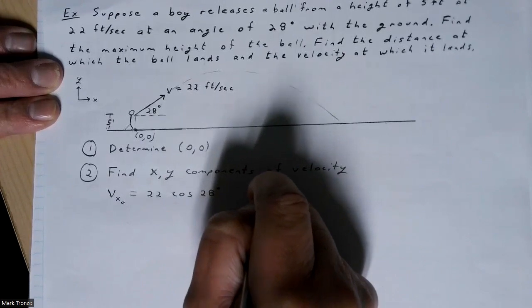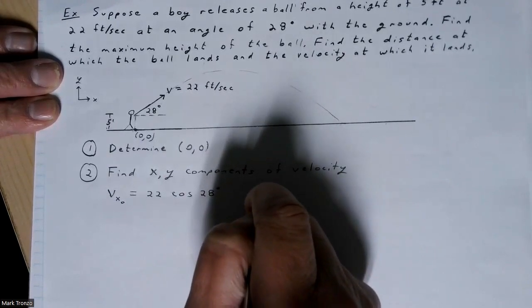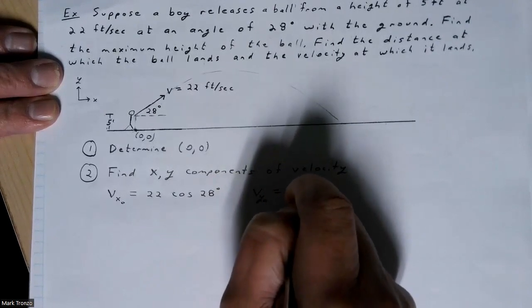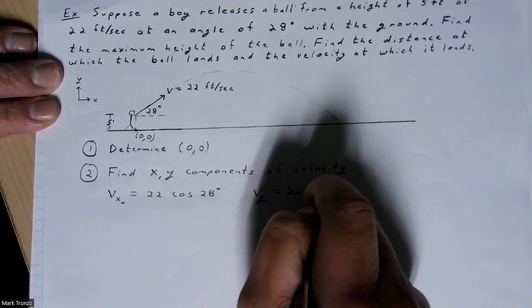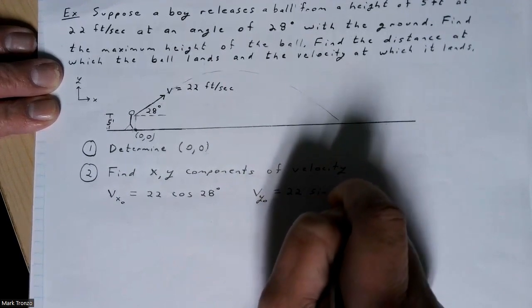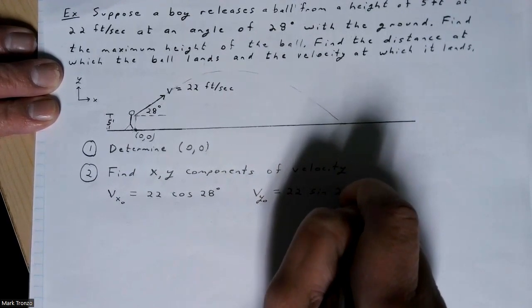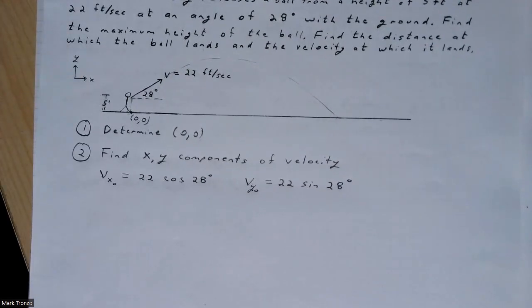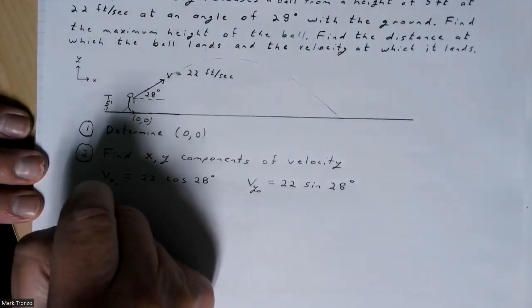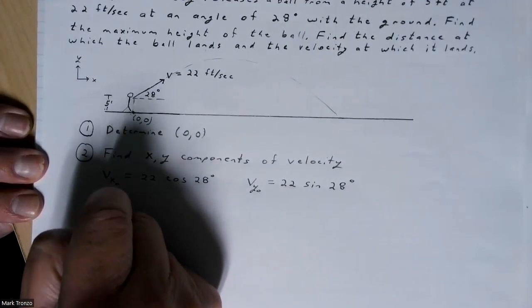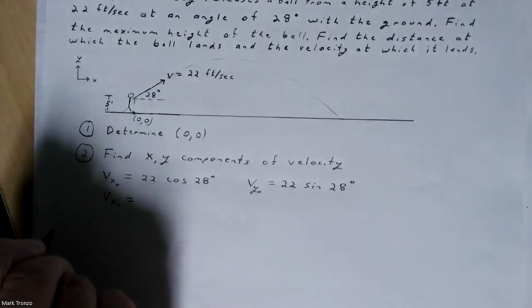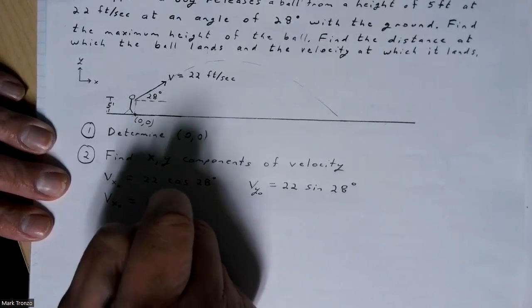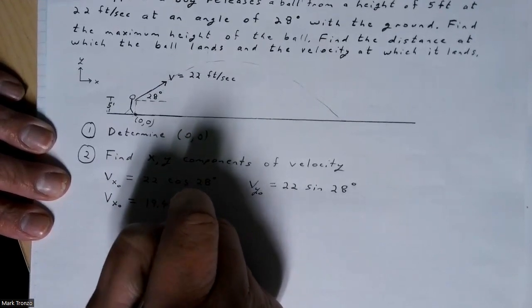Now the Y component has to be the sine. If that was the cosine, the Y component's got to be the sine. And when you put that into your calculator, we get Vx naught is 19.42 feet per second.